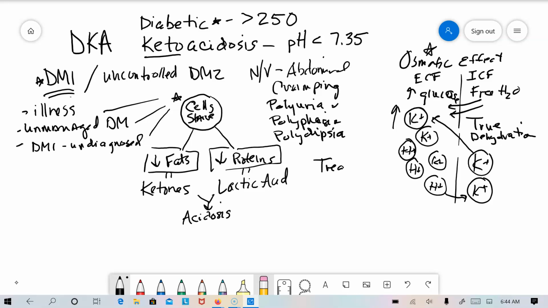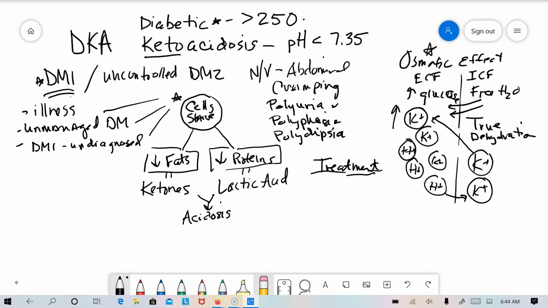So treatment for this patient. If we talk about treatment, we have diabetic ketoacidosis. We want to treat the diabetic portion of it, which is the hyperglycemia.